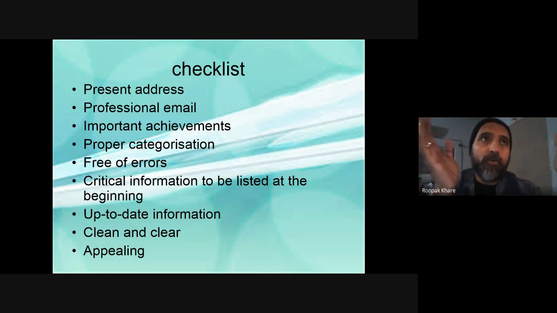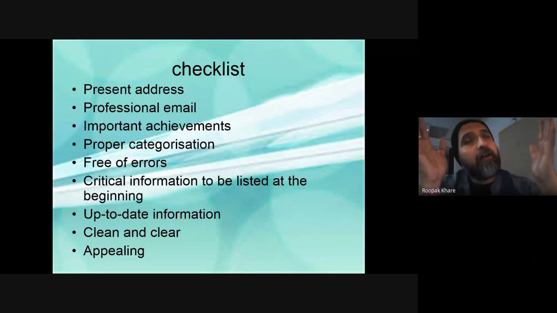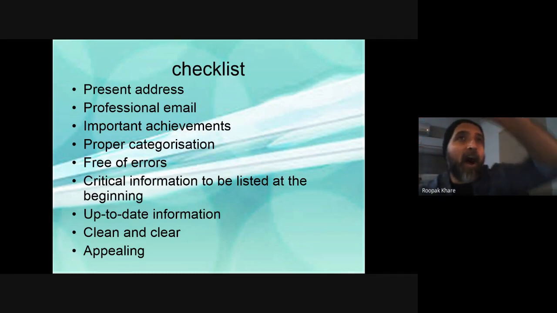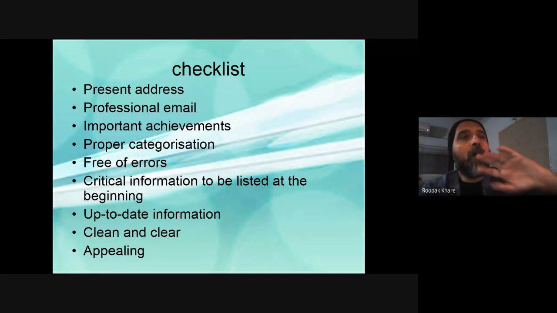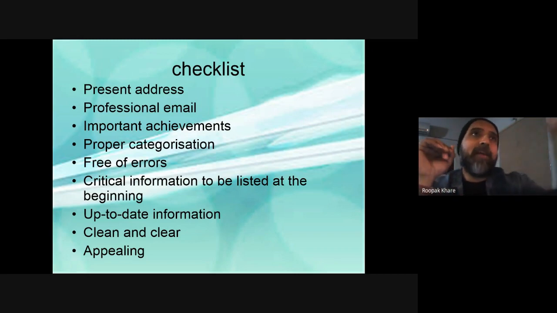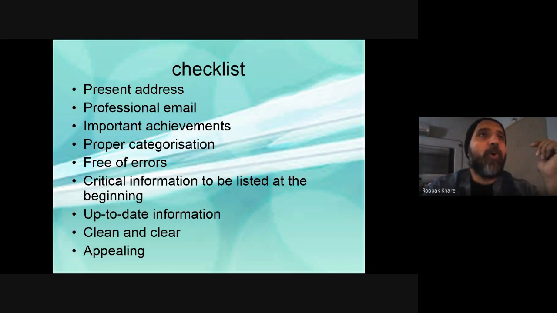Either your personal details and contact details come at the top, or your professional identity comes at the top. So suppose you're an architect, you will write architect at the top. If you are, say, a lawyer or an advocate, or an advocate for women's issues, that should come right at the top, plus your contact details.